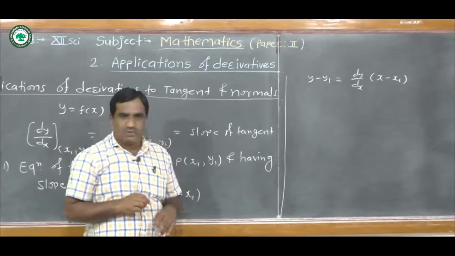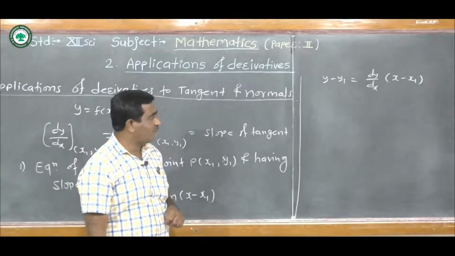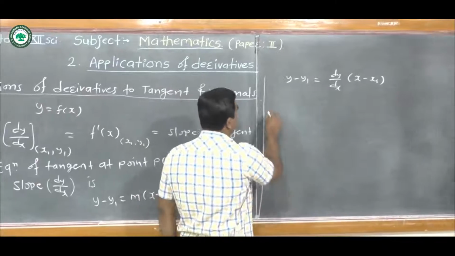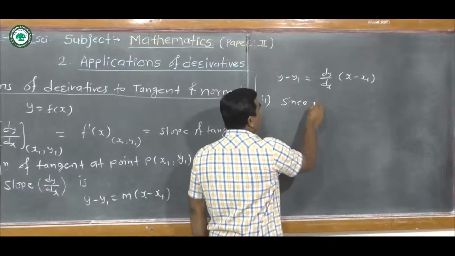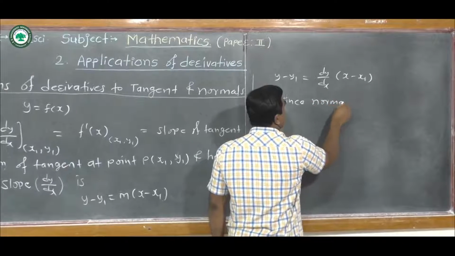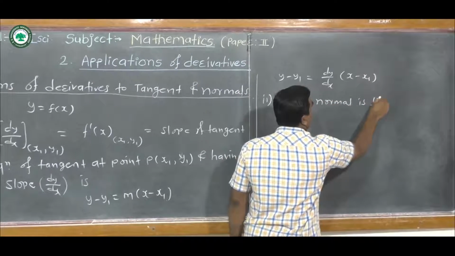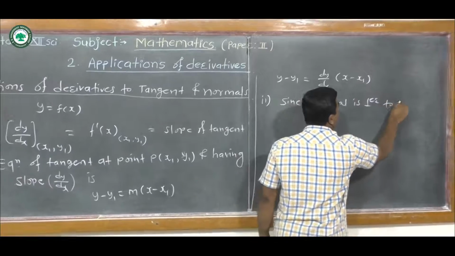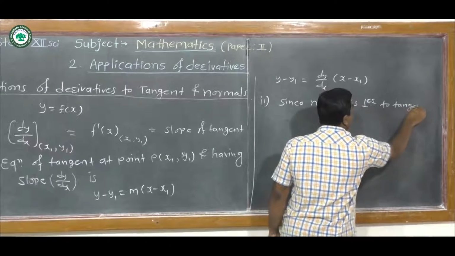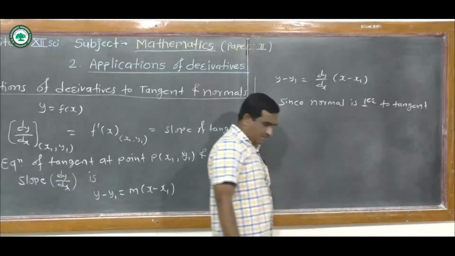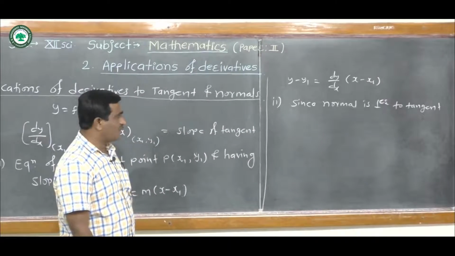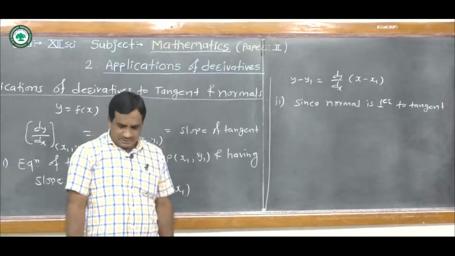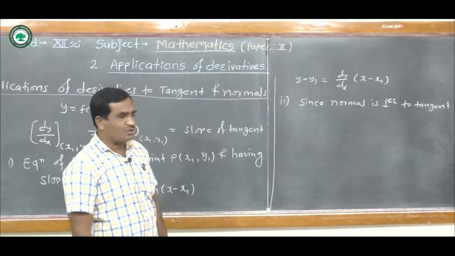Okay, now we have to find the equation of the normal. We know that the normal is perpendicular to the tangent. Therefore, we know that if two lines are perpendicular to each other, then the product of their slopes is equal to minus 1.